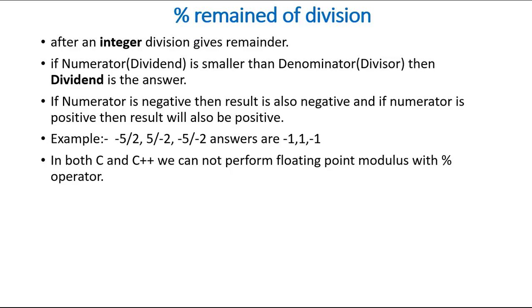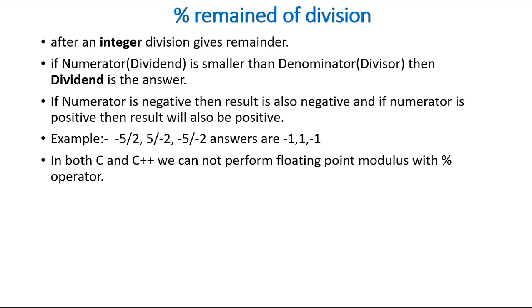In both C and C++, we cannot perform floating point modulus with the modulo operator. If we observe the first bullet point, I will read that bullet point. First bullet point, after an integer division gives remainder.